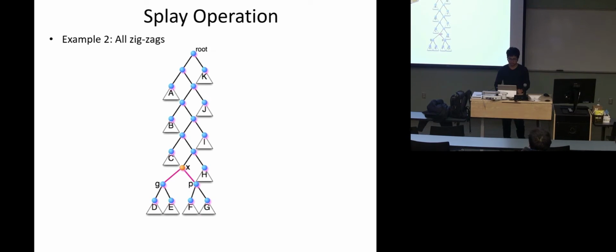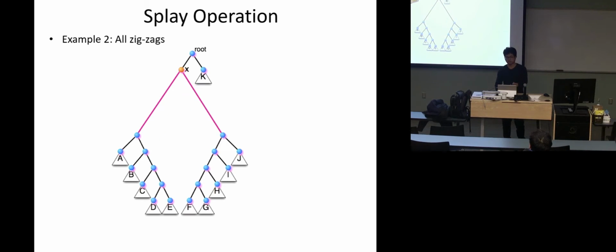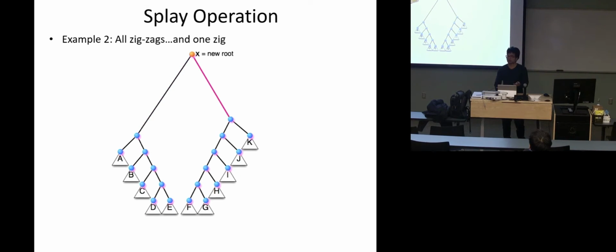Do it again. And now there is no grandparent. So what you do? You just do one zig. Okay. Does the operation Splay make sense?